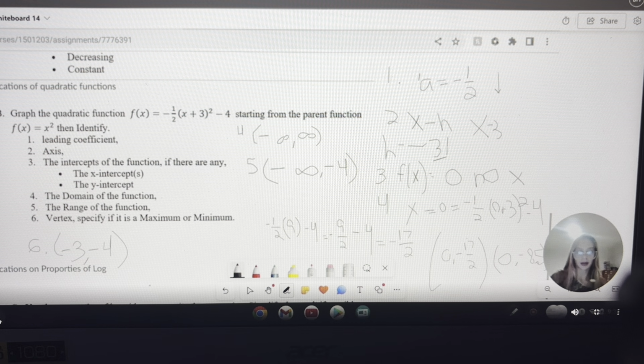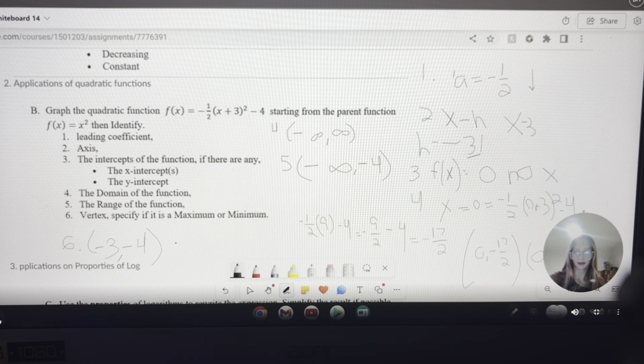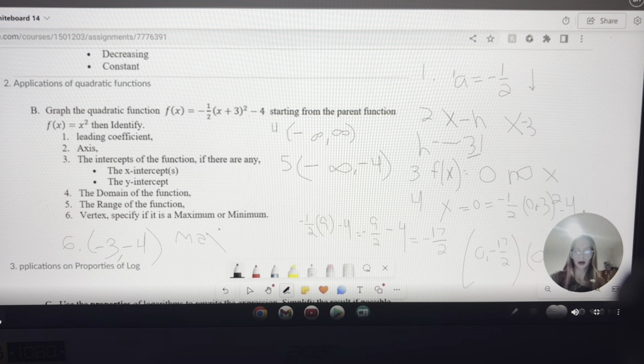And it would be a maximum because it's opening downwards. Okay, so next.